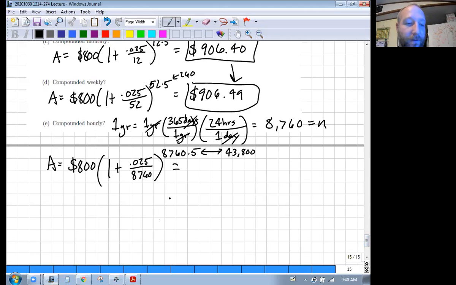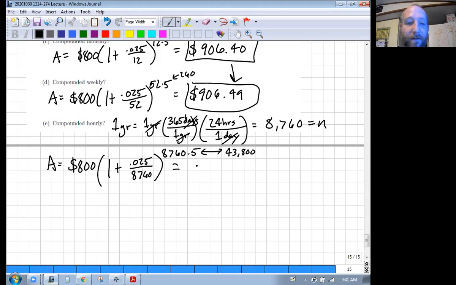So I take 0.025 and divide it by 8760. Now add 1. And now I'll raise that to the power of 43,800. And now multiply by 800 bucks.